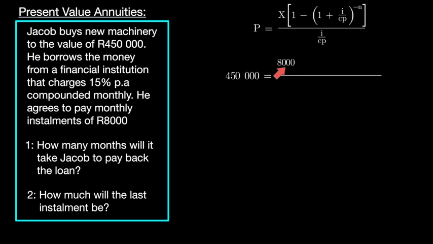Then 1 minus 1 plus, in the place of I we put the 15% as a decimal, 0.15. The compound periods is compounded monthly, so that is 12, and we leave the minus n because we don't know for how many years we're paying it. We cannot figure out how many payments all in all, since we only know the compound periods. And then we put I again at the bottom, so 0.15, and the compound periods, which is 12.